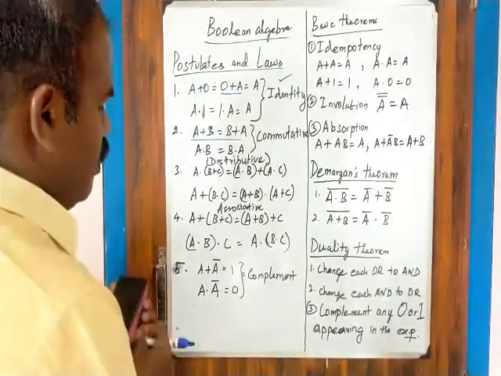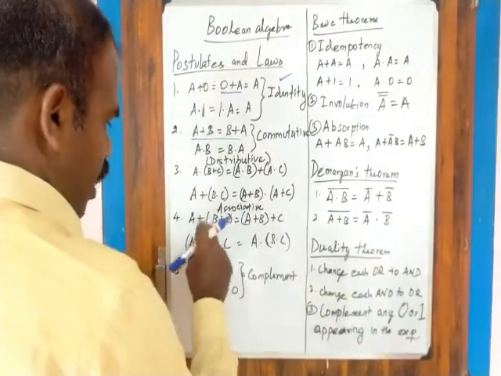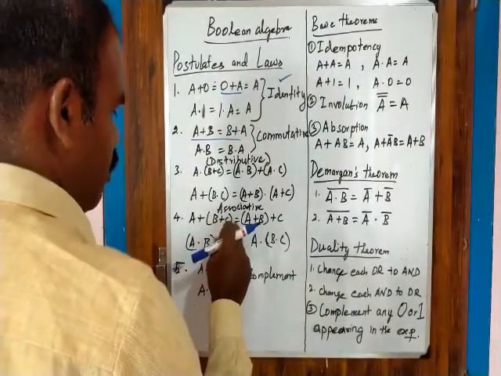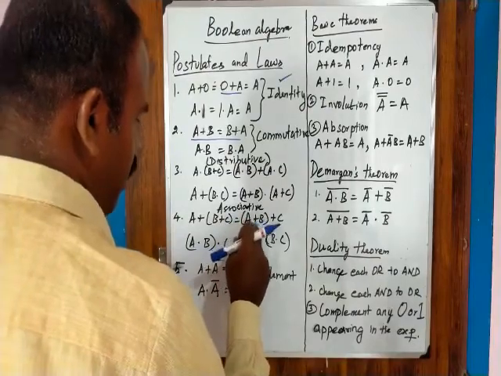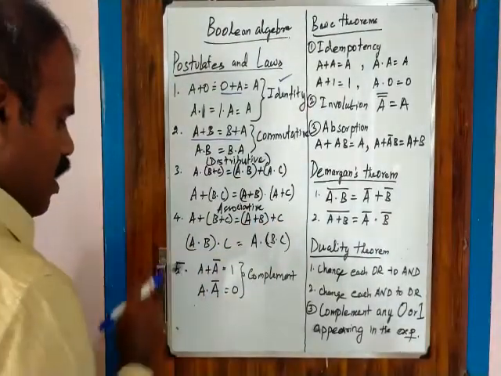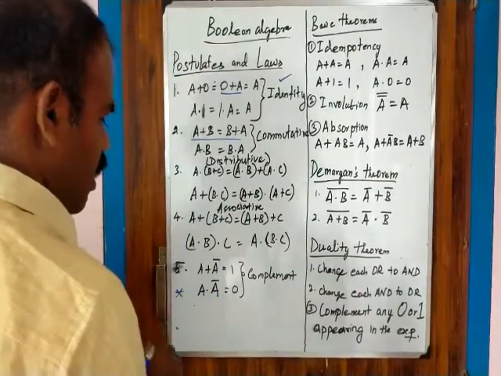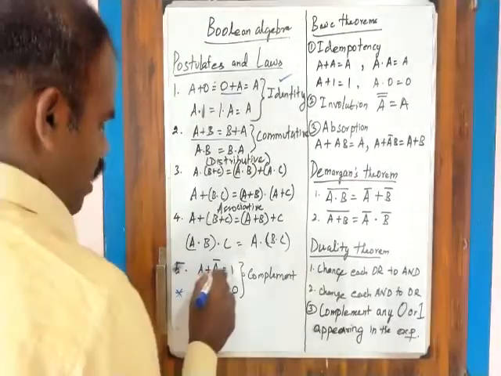Okay. Next, similarly, associative property. This is A plus bracket B plus C is also equal to bracket A plus B plus C. Similarly this one, and this is one of the important postulates, that is A plus A bar.